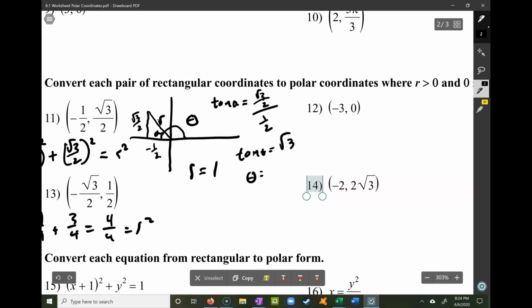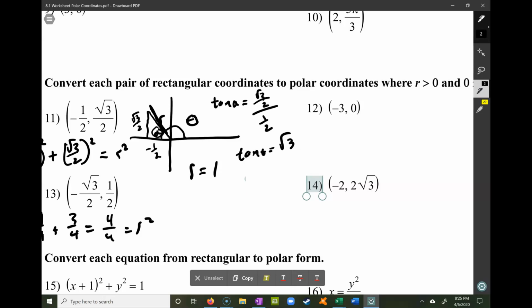So theta would be 2 pi over 3, because that's what gives me this position. Now, if you just blindly put it in your calculator, it's going to give you a decimal number, but it'll give you this value, not that value. So you have to be aware of that.